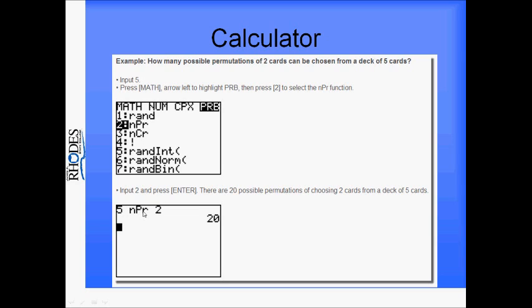It'll show 5 nPr, and then you input 2, so 5 nPr 2, meaning two cards can be chosen from the deck of 5. It will give the answer as 20 possible permutations. So your answer would be 20.